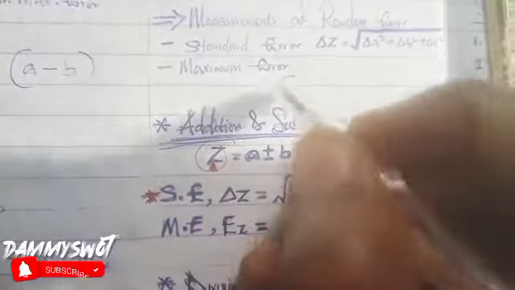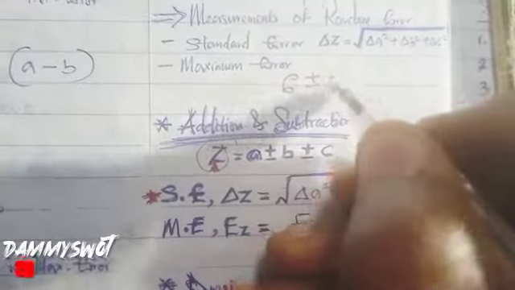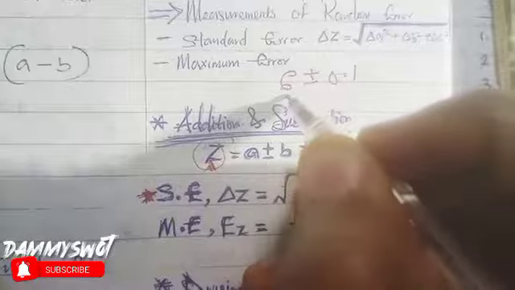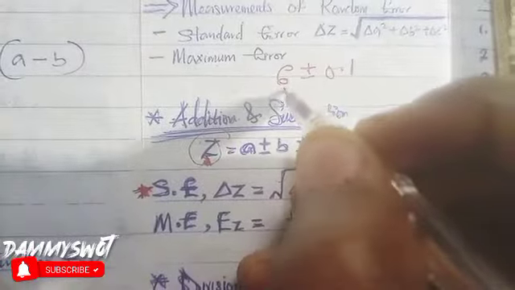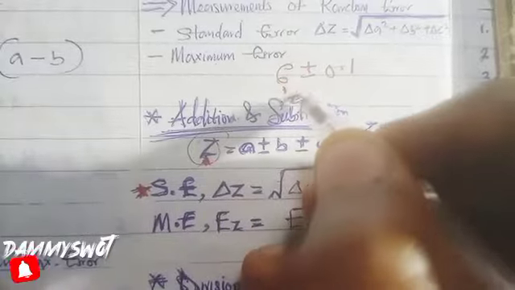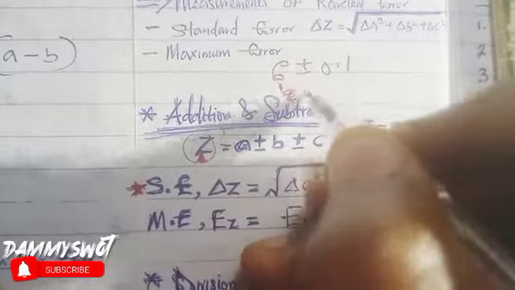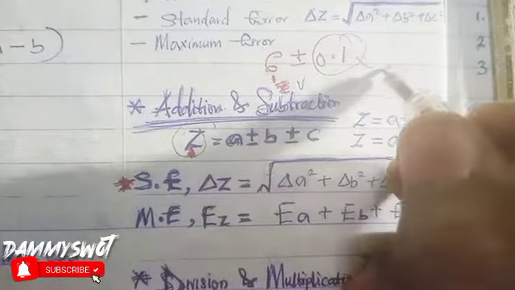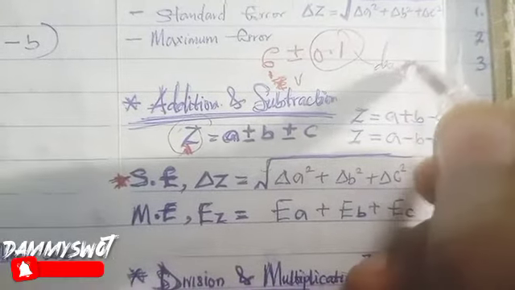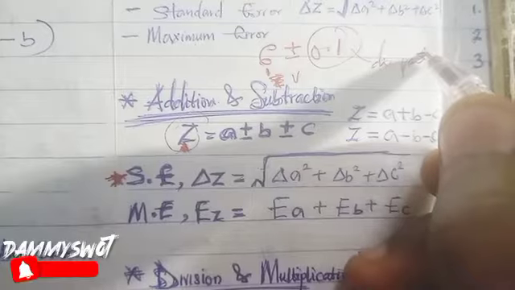Now if you have 6 plus or minus 0.1, 6 is your true value, and 0.1 happens to be your deviation part. Are you getting what I'm saying now?